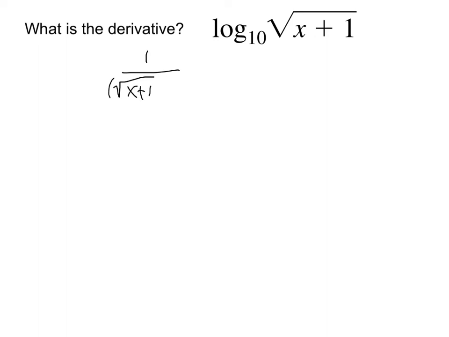So for the derivative of the outside, we need to have the natural log of 10, leave the inside alone, times the derivative of the inside. The inside is x plus 1 to the power of 1/2, so we do 1/2 times x plus 1 to the negative 1/2.